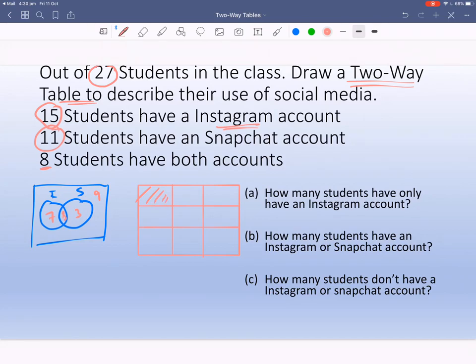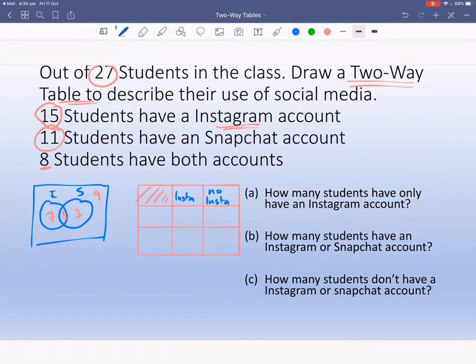The first thing I'm going to do is put the titles in. So we're looking at students who have Instagram. Instagram. Okay. Now here we've got to put no Instagram. That's the way it works.